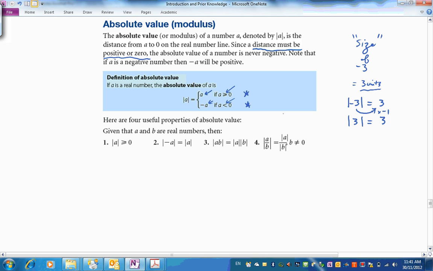So here are the 4 properties of modulus. The modulus of any number is greater than or equal to 0, it can't be a negative, that means it's a positive number.